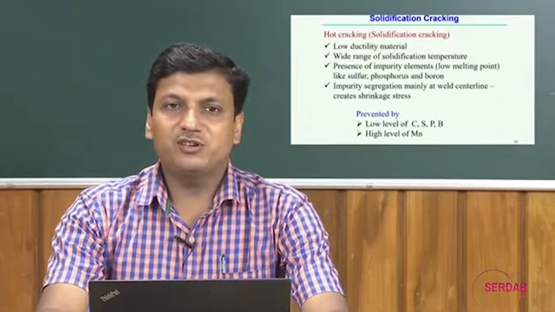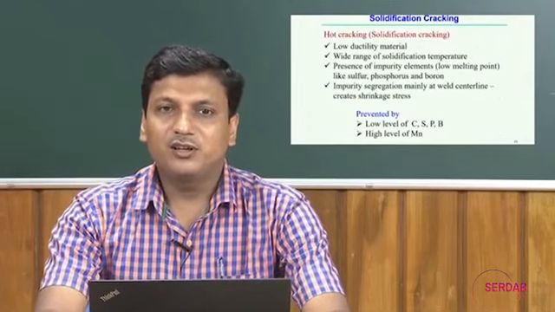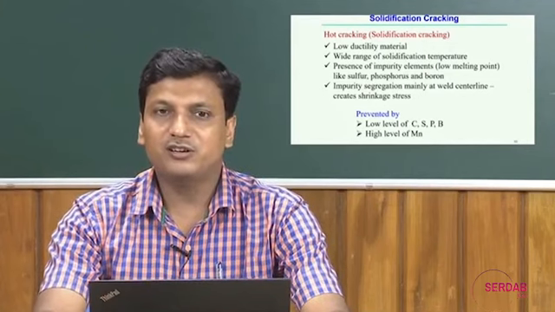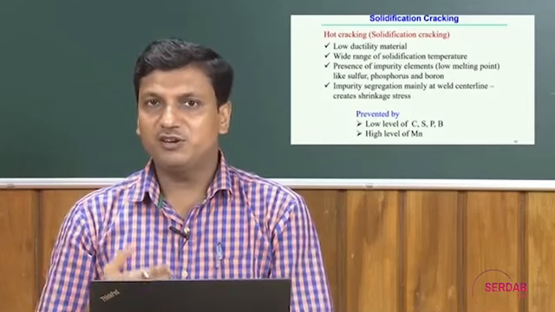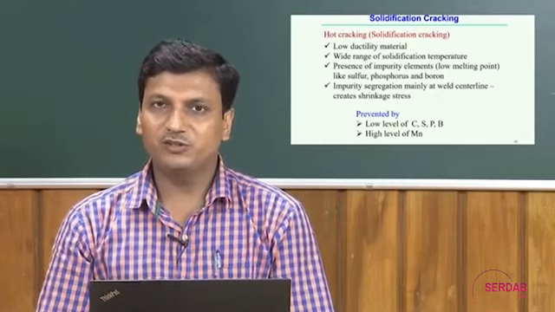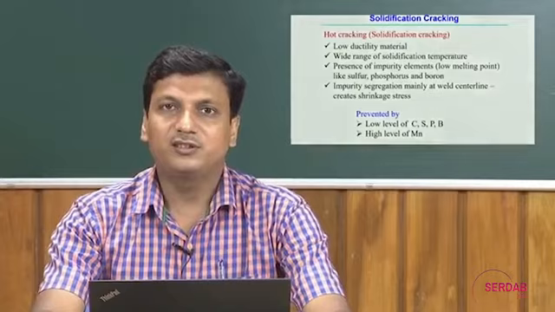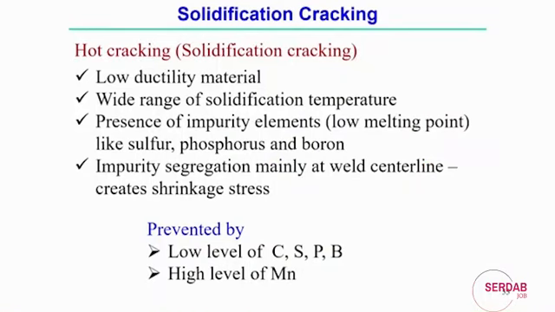Hot cracking or solidification cracking normally occurs in the presence of low ductility material. That means if the brittleness of the material is high, the development of solidification cracking is more obvious. And apart from that, if the material has a wide range of solidification temperature, that promotes solidification cracking.